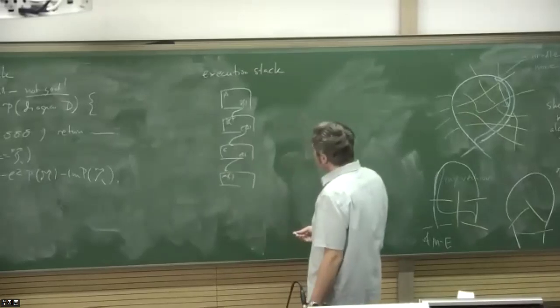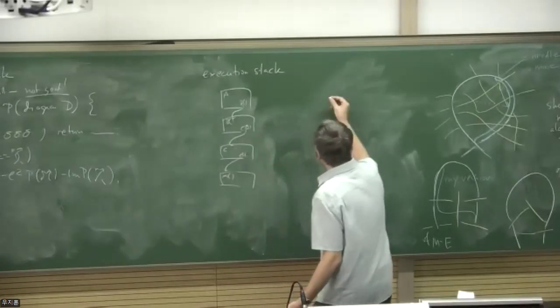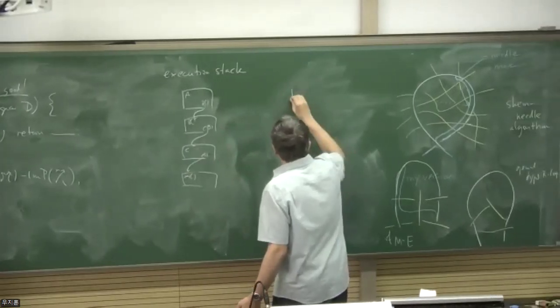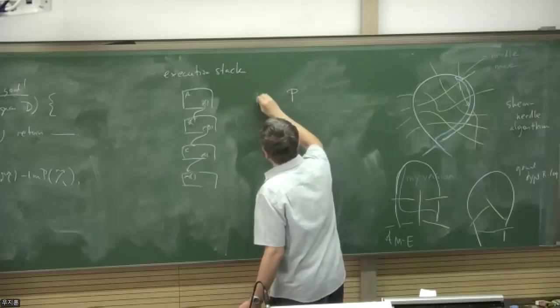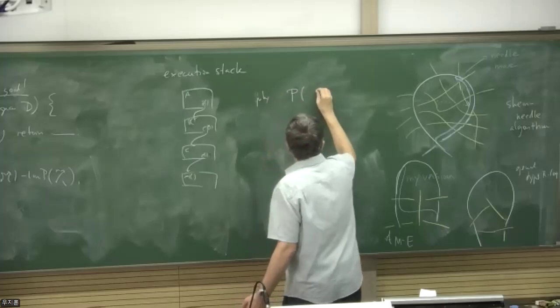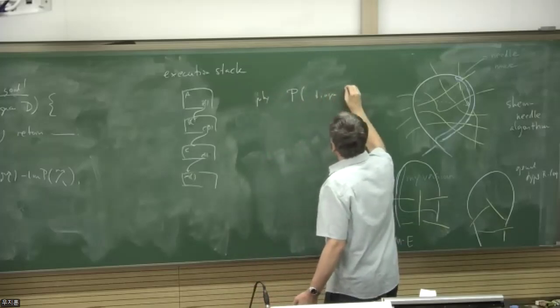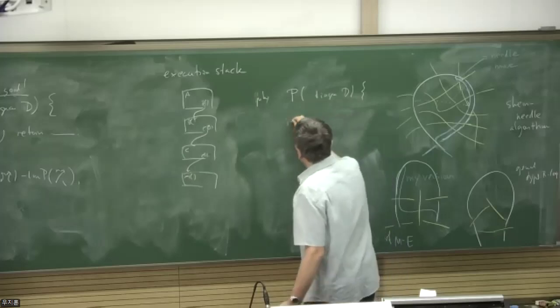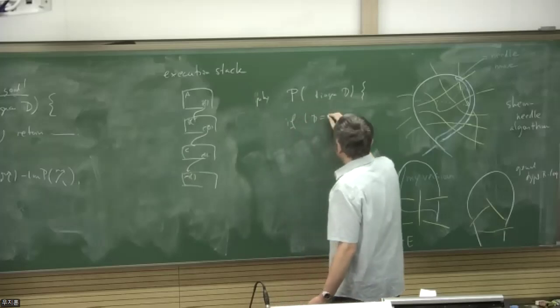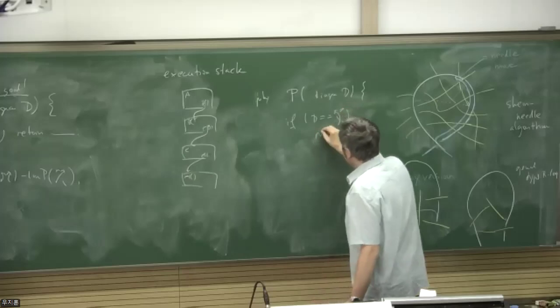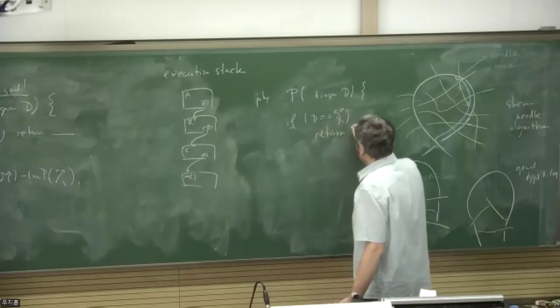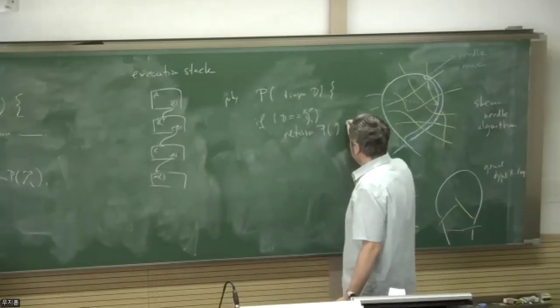Now if you have something like this, let's say polynomial P of diagram D. Let's say if D is equal to this, return P of that.